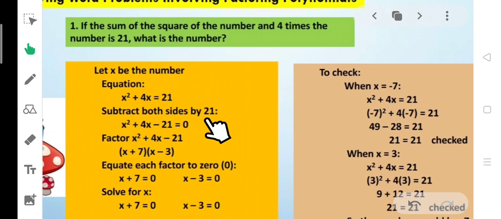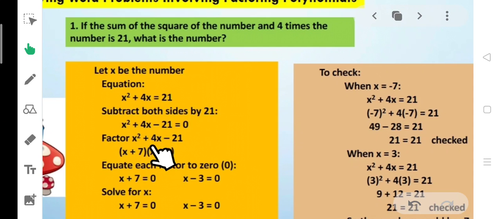Now, subtract both sides of the equation by 21. So we have x squared plus 4x minus 21 is equal to 0. You may notice that this is a general trinomial when a is equal to 1.